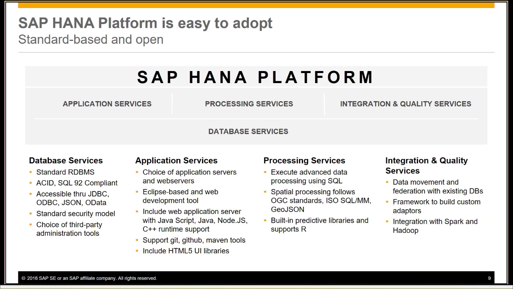The reason why it is so simple is, as I said, the application does not require indexes or tuning. In fact, it also simplifies the database schema requirements. The major advantage with SAP HANA is you also have the ability to reduce the number of lines of code while building applications.